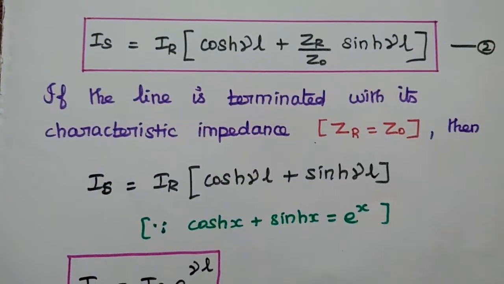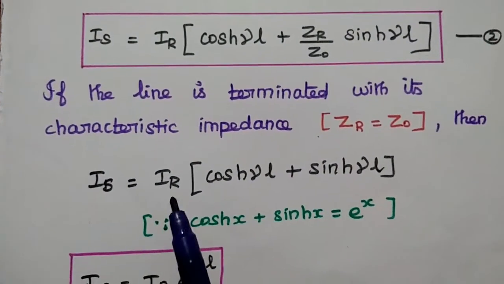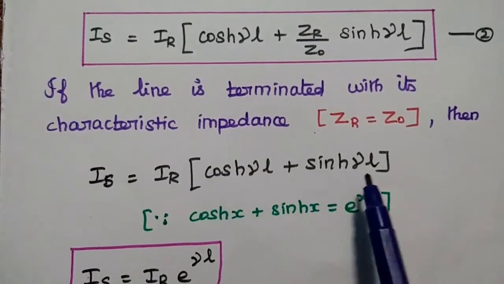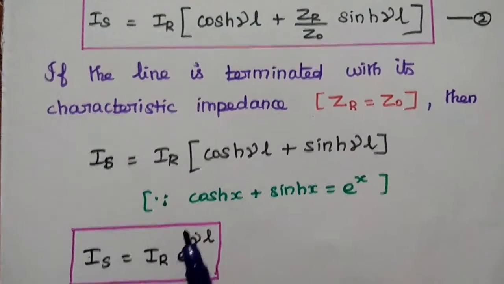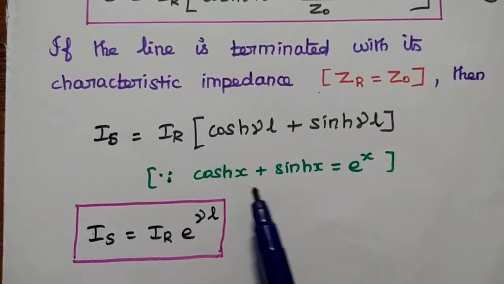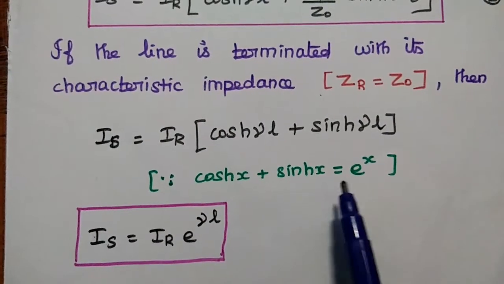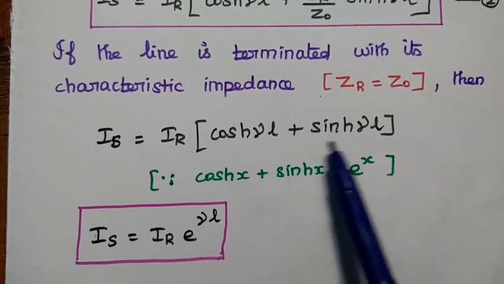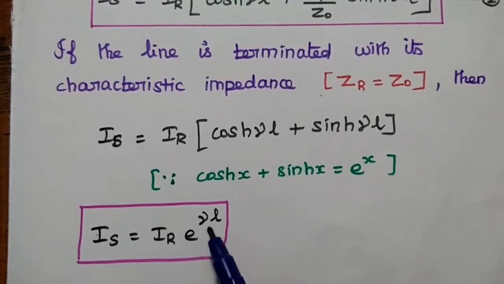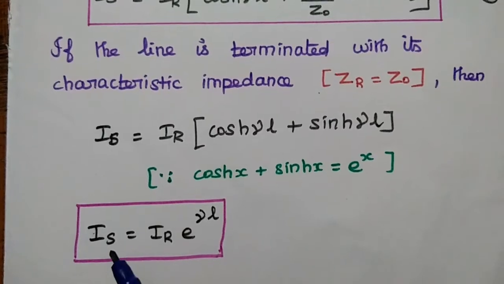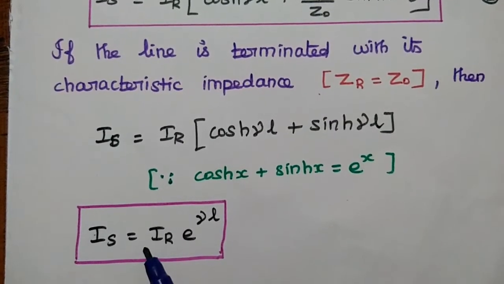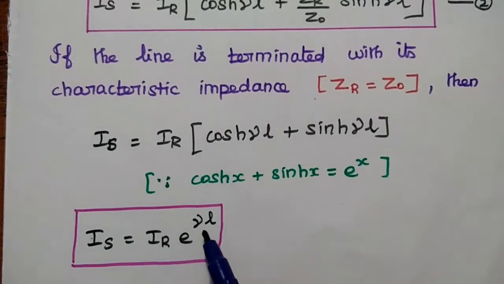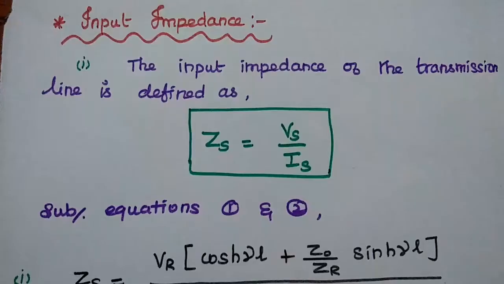So we can write Is is equal to IR cosh gamma L plus sinh gamma L. As we know that cosh x plus sinh x is equal to e power x, we can replace this term as e power gamma L. So here the sending current is equal to the receiving current multiplied by e power gamma L.